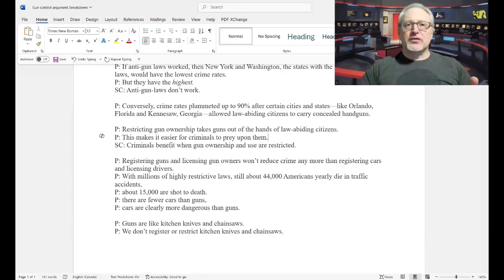So let's see if we can fit these statements into the form of an argument by analogy while remaining faithful to what we think the author's intent was. Because we can't just rephrase it into whatever we want. Our goal is to understand it, not to change it.